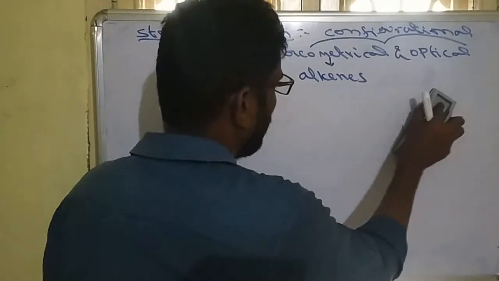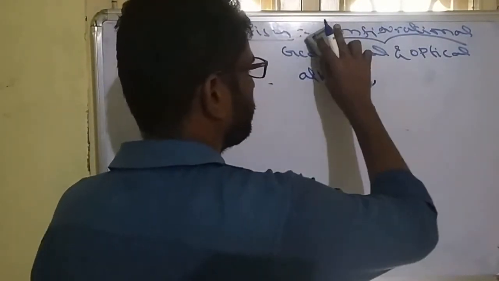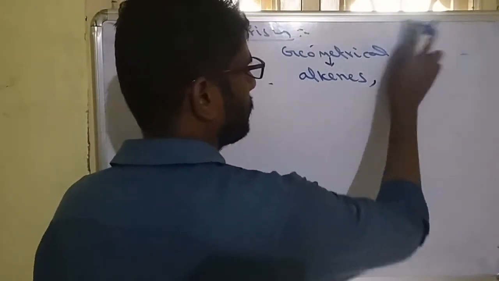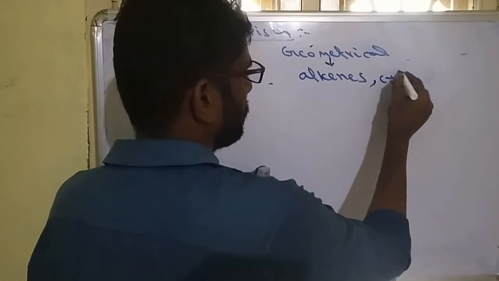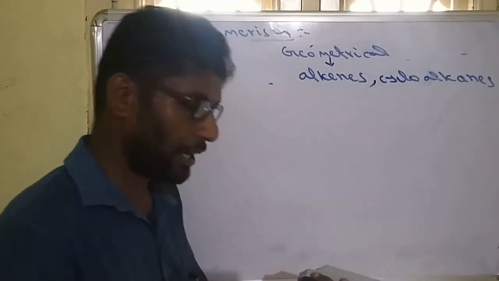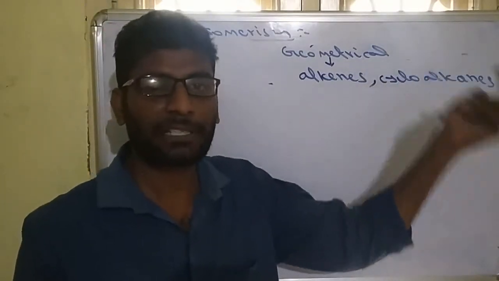So geometrical isomerism is shown by alkenes, also shown by cycloalkanes. As I already told, alkenes and cycloalkanes are ring chain isomers.